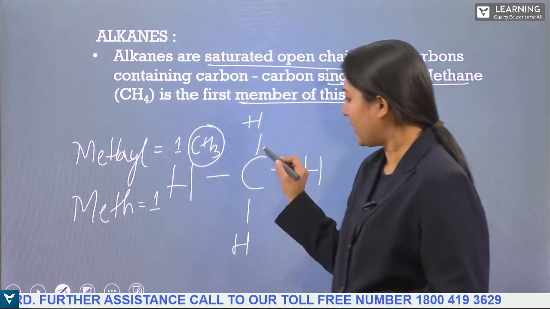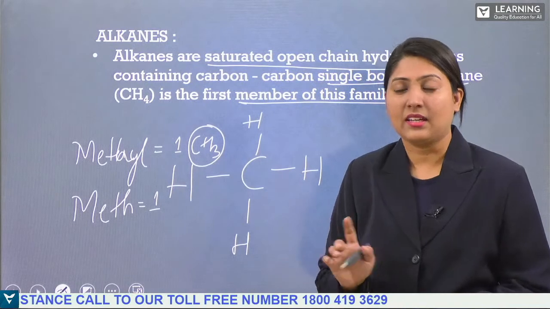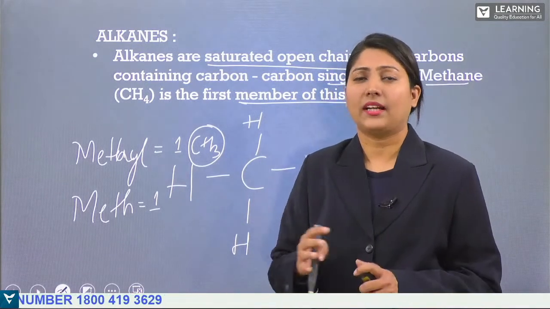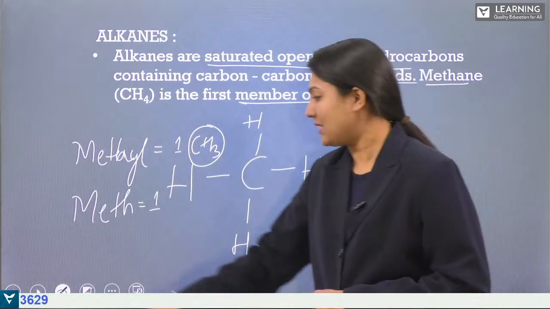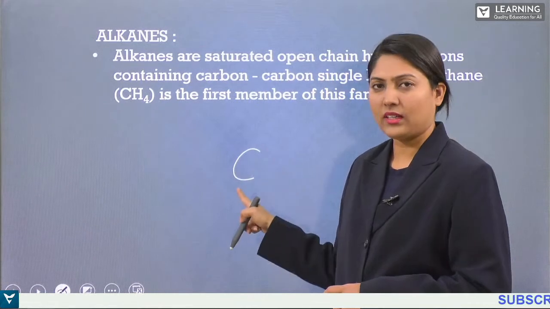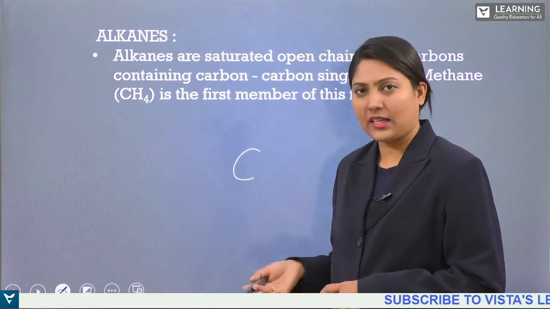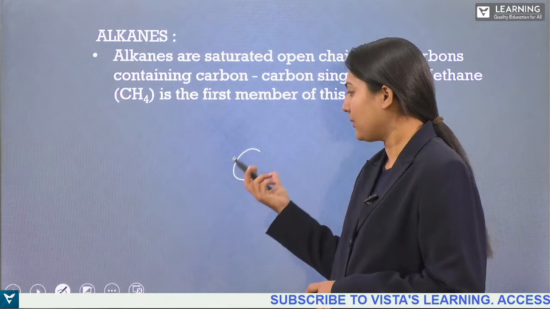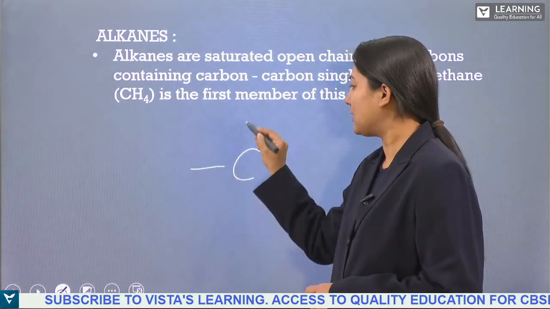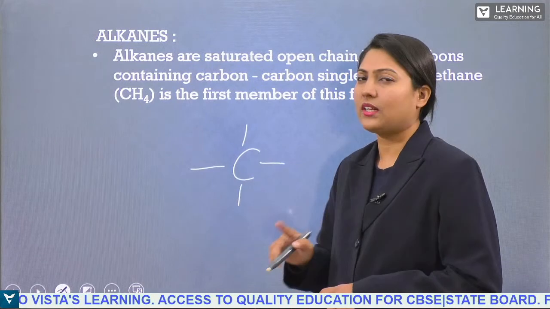Since we have one carbon atom, if we just know how many carbon atoms are there, we can easily find out the tetravalency of carbon, so the hydrogen bonding to that carbon. If I have one carbon atom and no other carbon atom is linked to it, then how many bonds will the carbon have? According to the tetravalency, 4 bonds should be there for the carbon atom.